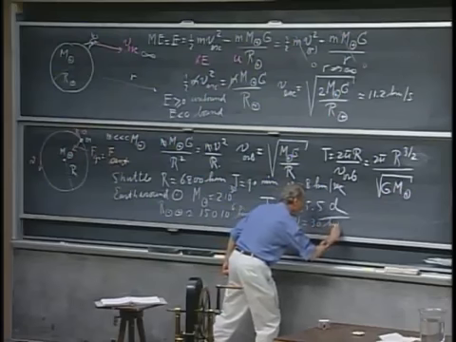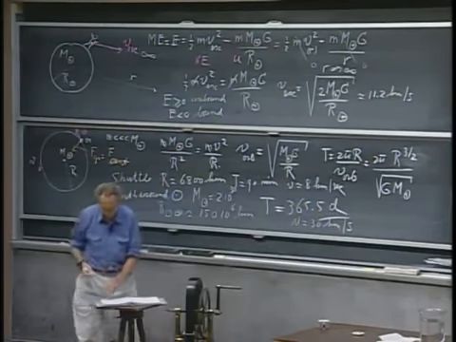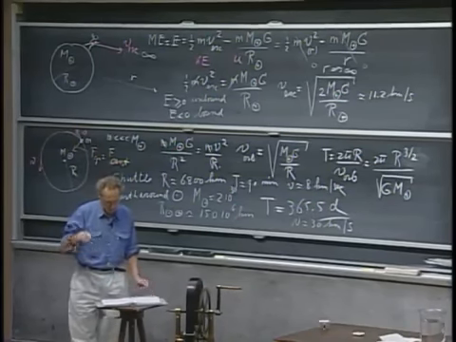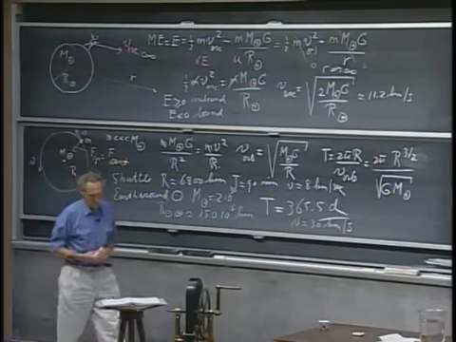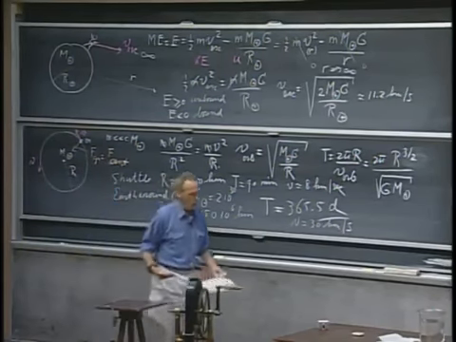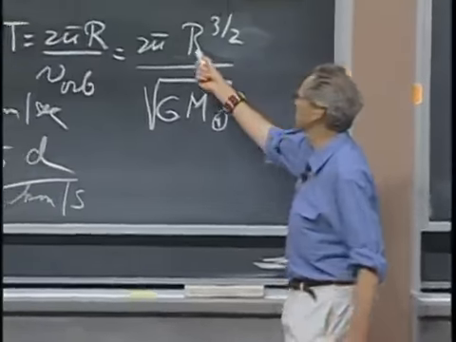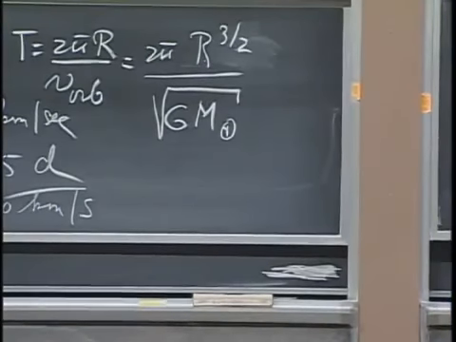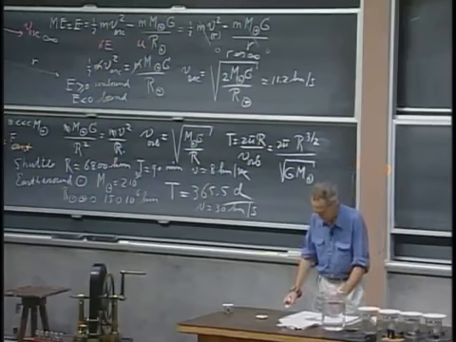It's a substantial speed, way higher than the speed of the shuttle around the Earth, which is only 8 kilometers per second. Jupiter is 5 times further away than the Earth, and so the time for Jupiter to go around goes with 5 to the power 1.5. That's about 12, so it takes Jupiter about 12 years to go around the Sun.